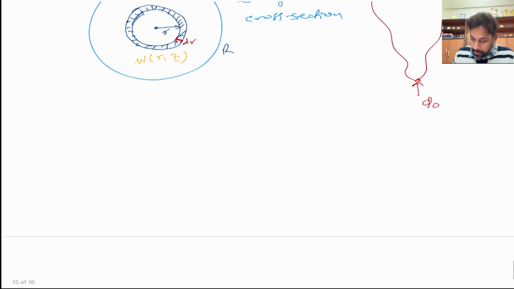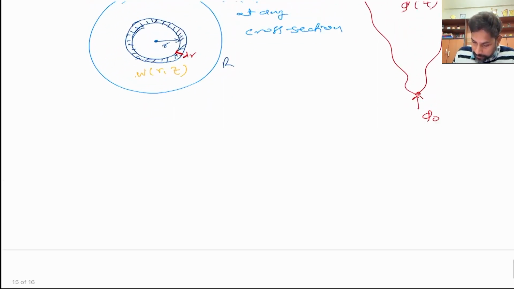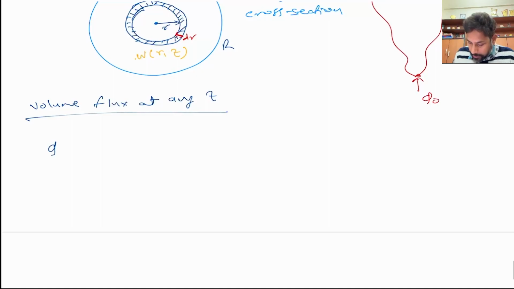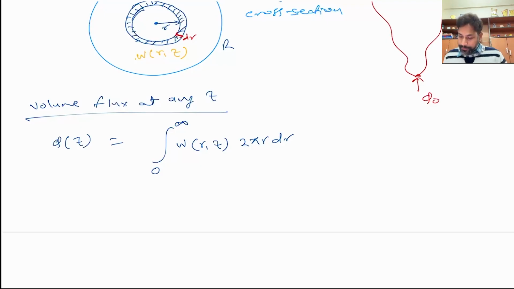So to find the volume flux, the volume flux at any z must be given as the integral of w, which is a function of r and z, times 2 pi r dr, and it should go from 0 to infinity.